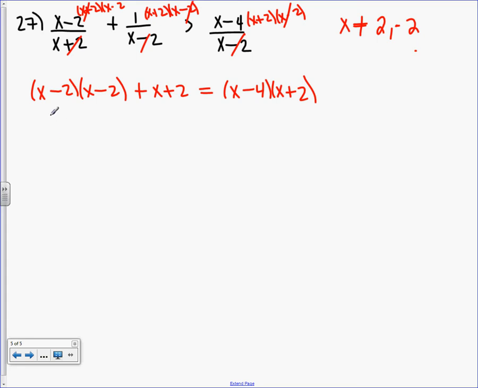Okay, so we should get x squared minus 4x plus 4 plus x plus 2 equals x squared minus 2x minus 8. Anybody confused there?